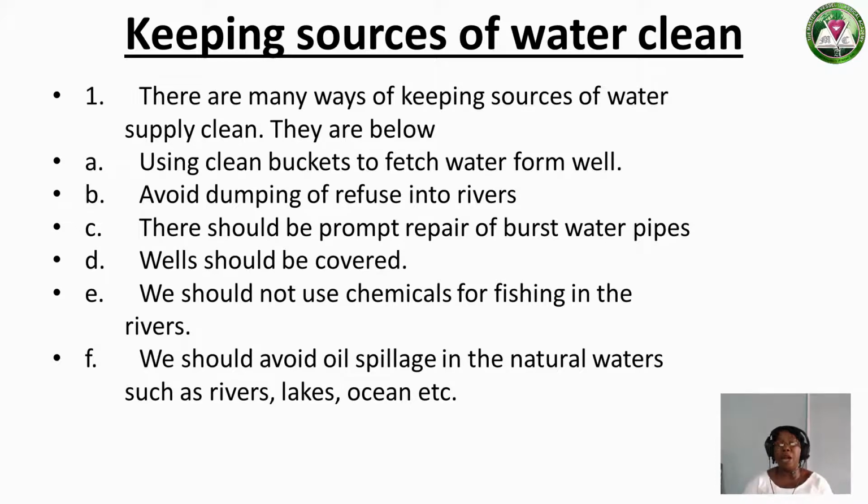So if you are a good fisherman, going to the river to fish, do not use what? Chemicals. Because human beings are going to eat that fish, and it will cause problems to their health. So you are advised not to use chemicals for fishing in the rivers.